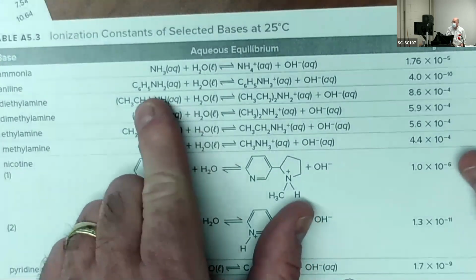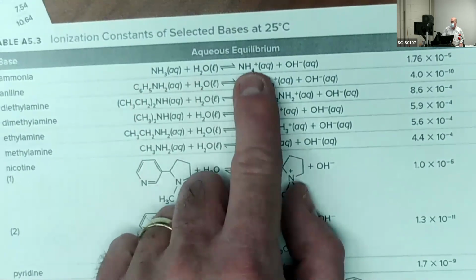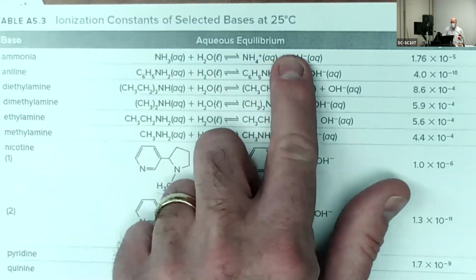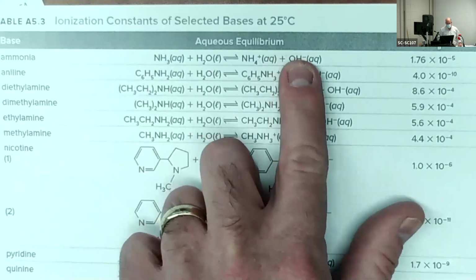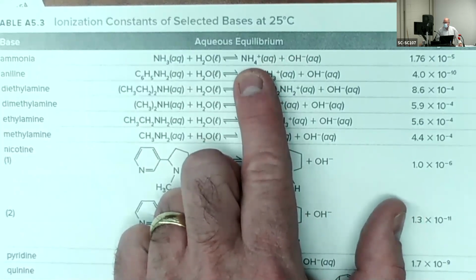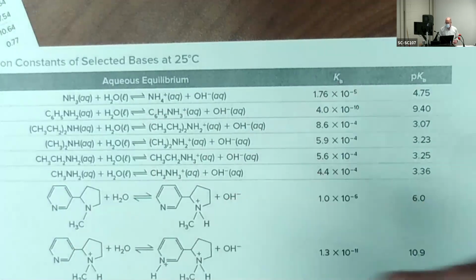For example, you have ammonia. This ammonia picks up a hydrogen off of water. You get the ammonium ion and the hydroxide ion. It doesn't matter which one we write first. I'm writing the hydroxide ion here, but it doesn't matter if they go first or second. And there's a K value for it. I'll round that off to 1.8 times 10^-5.